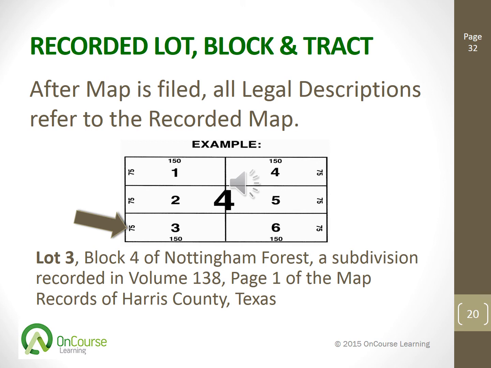Okay? So in this case, the arrow is pointing at lot 3, block 4 of Nottingham Forest, a subdivision recorded in volume 138, page 1 of the map records of Harris County, Texas. Okay, that's how Harris County, Texas does it. That's fine. You'll find many of the old tracts in downtown Los Angeles were named after the original owners or named after the original business.